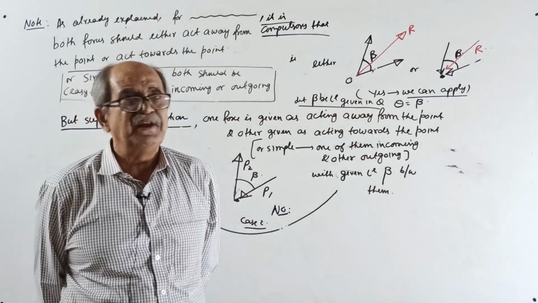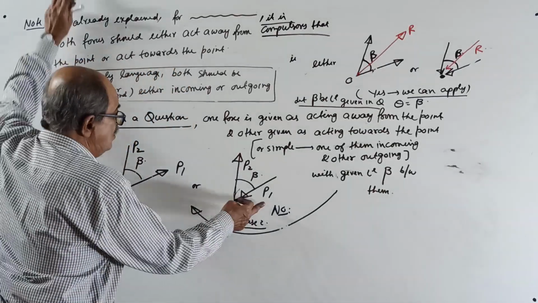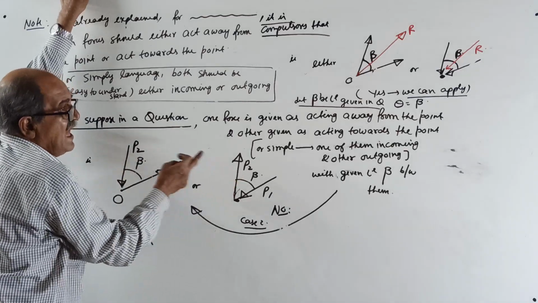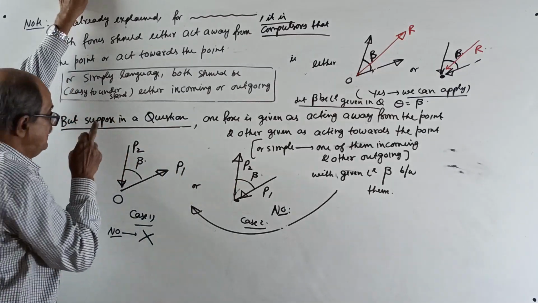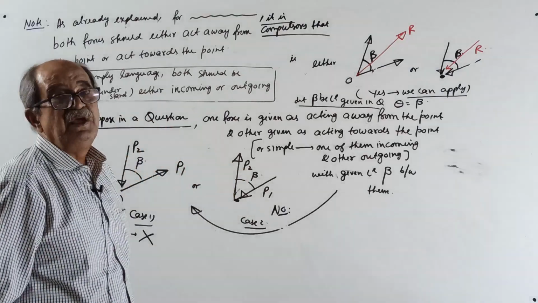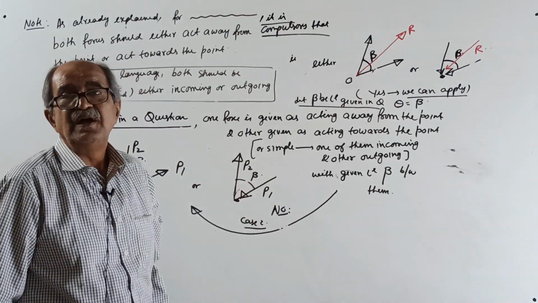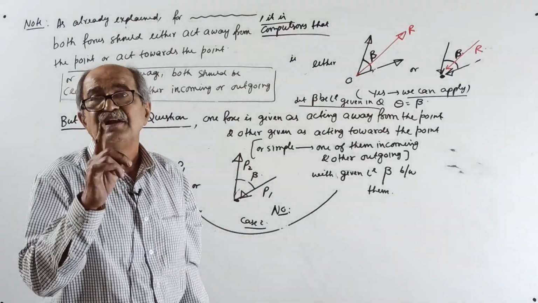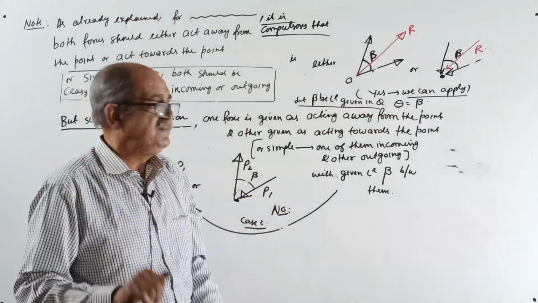So I told you case 1 and case 2. Remember, beta is the angle given in the question. This beta will not be theta if you take it as it is. I will explain now, one minute. Of course, this beta can be theta on a condition. Wait for some time.